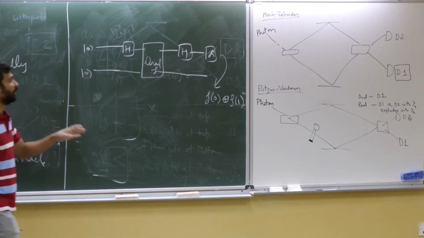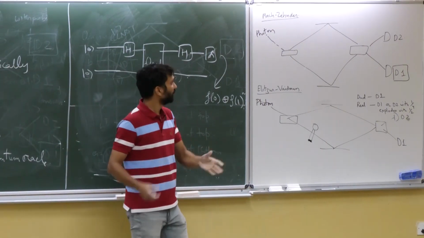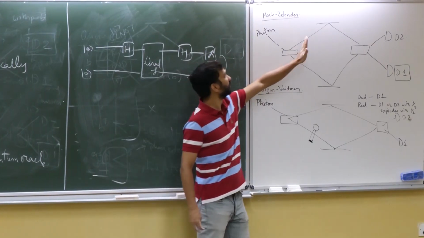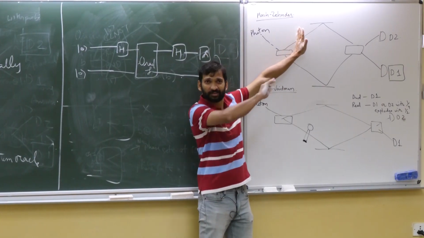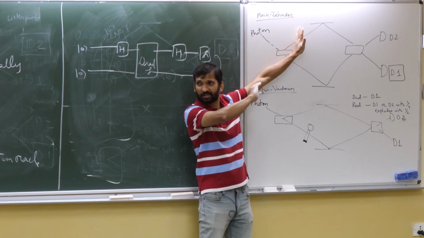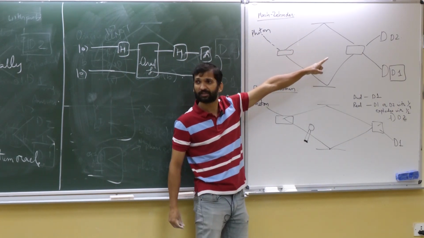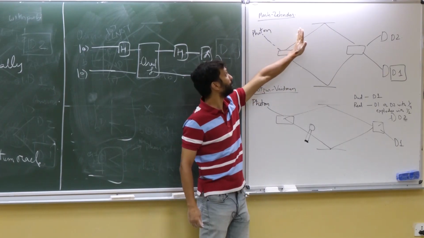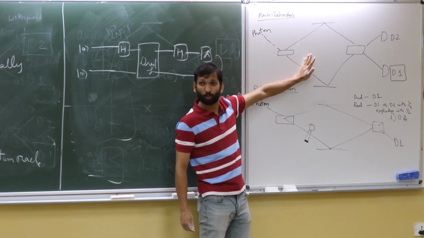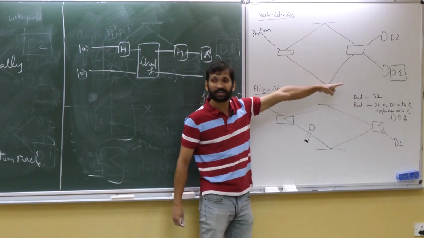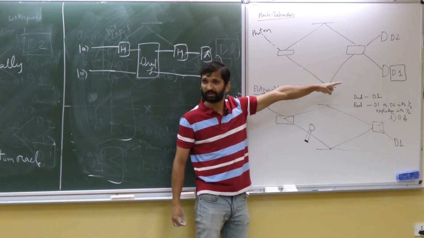Okay, so again, if you look at Mach-Zehnder, if I put a phase here, I can differentiate it from the original. If I just put a phase here, again, I will detect only at D2. If I put a phase at both the places, I will once again detect at D1, right?